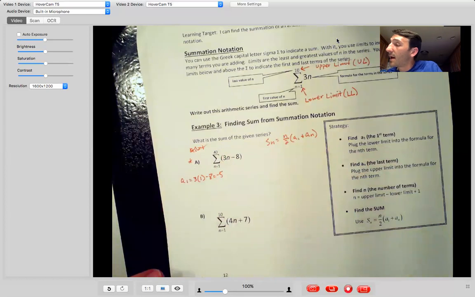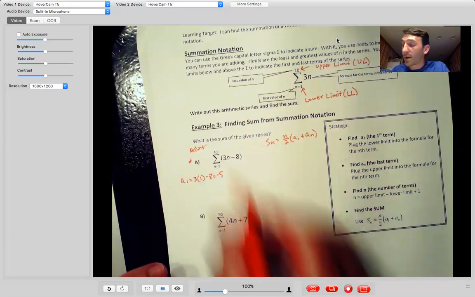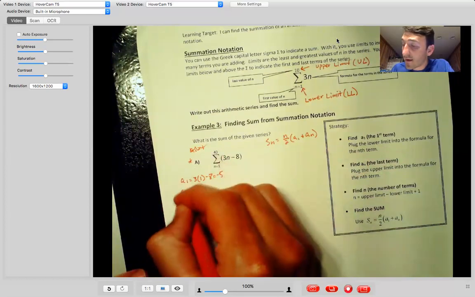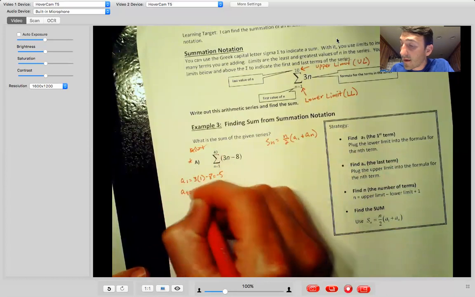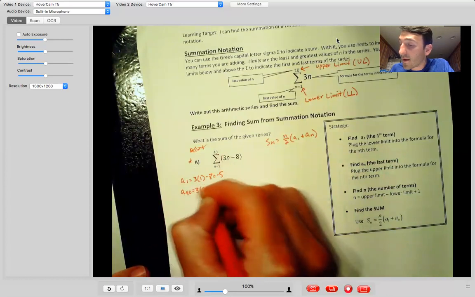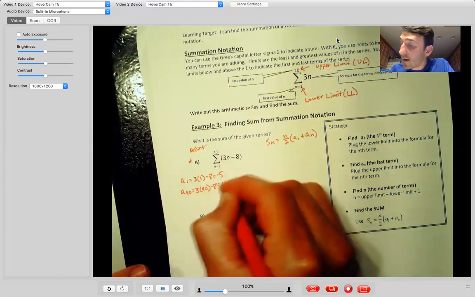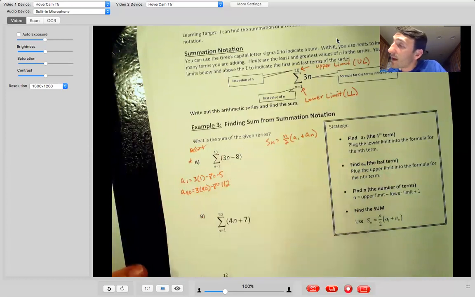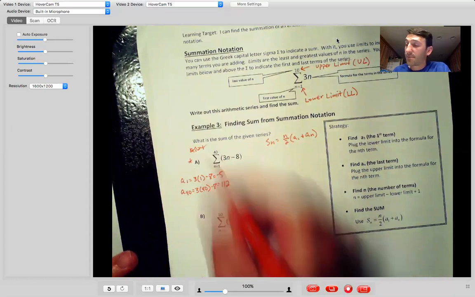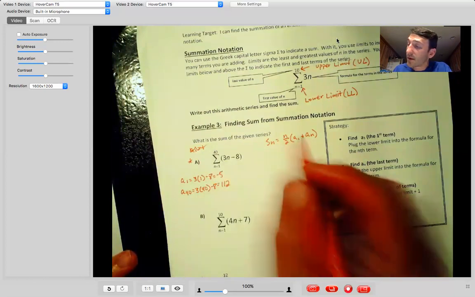And then a sub 40 is 112. And then we already know n is 40, okay? So that's n.